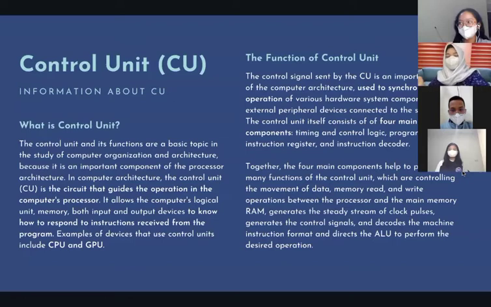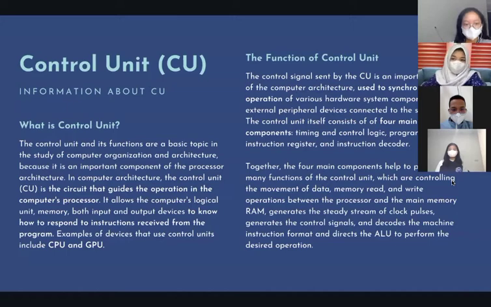Okay. Control unit. Information about control unit. What is control unit? The control unit and its functions are a basic topic in the study of computer organization and architecture. Because it is an important component of the processor architecture, in computer architecture, the control unit is the circuit that guides the operation in the computer's processor.